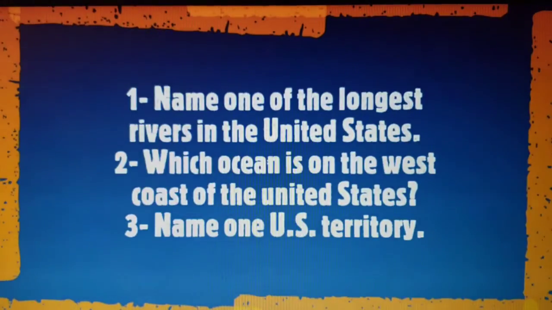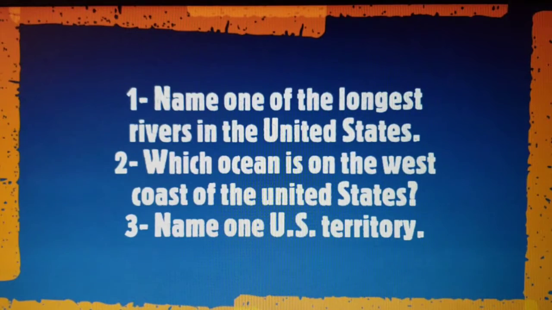With that, we finish and we summarize our lesson for today with these questions. Name one of the longest rivers in the United States. Longest rivers in the United States? Mississippi or Missouri?